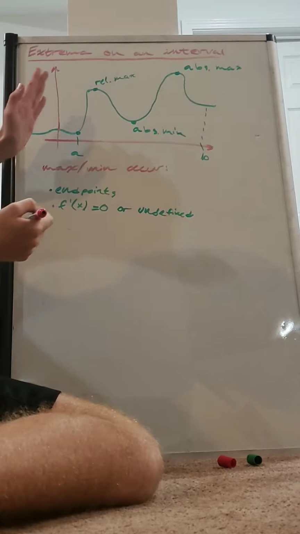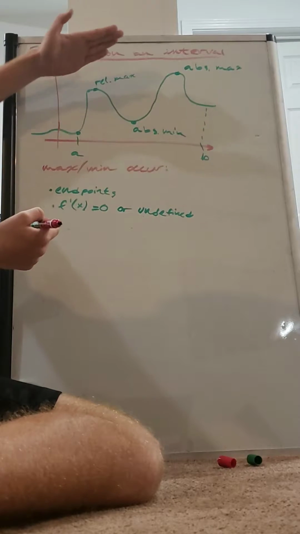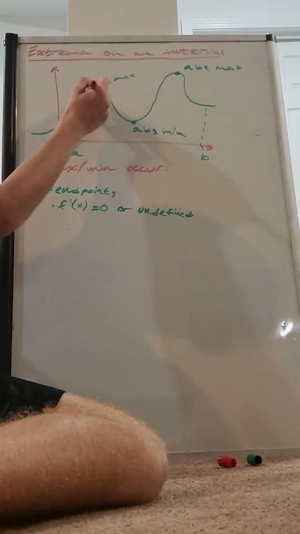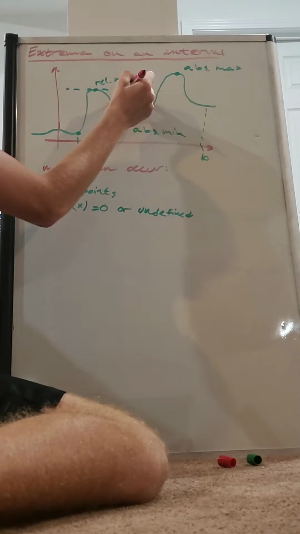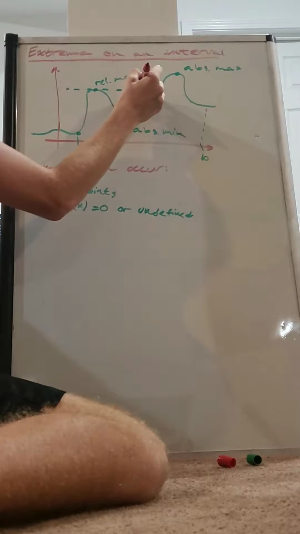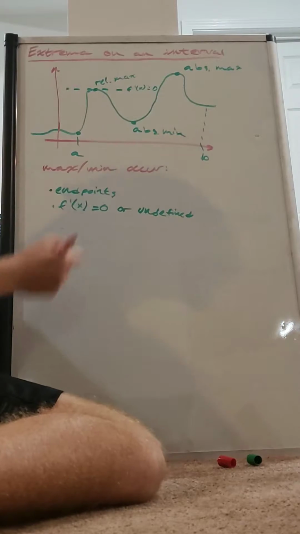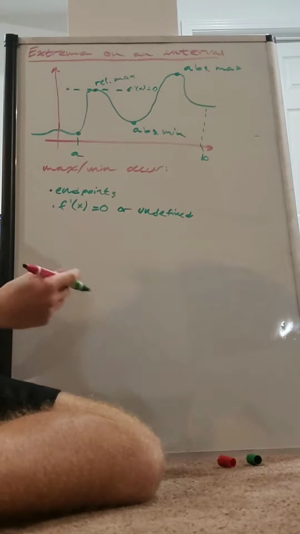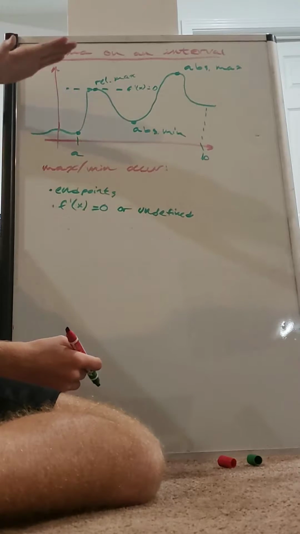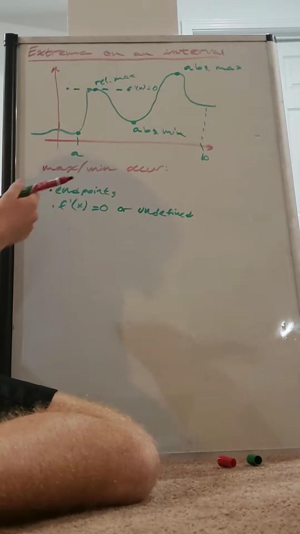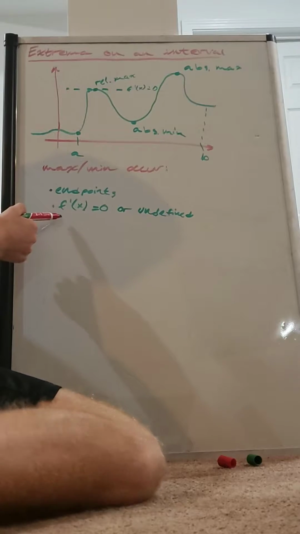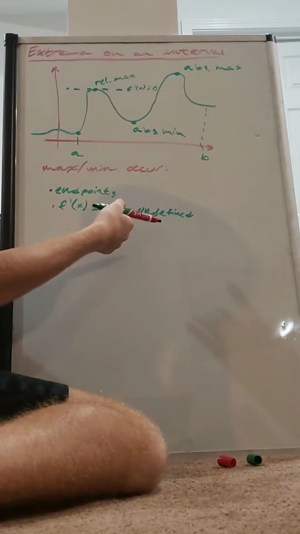So it goes from positive, and then the instant where the graph turns around, the derivative equals 0. So that's f prime of x equals 0 at this point, because the derivative is positive, equals 0, and then goes down and turns negative.